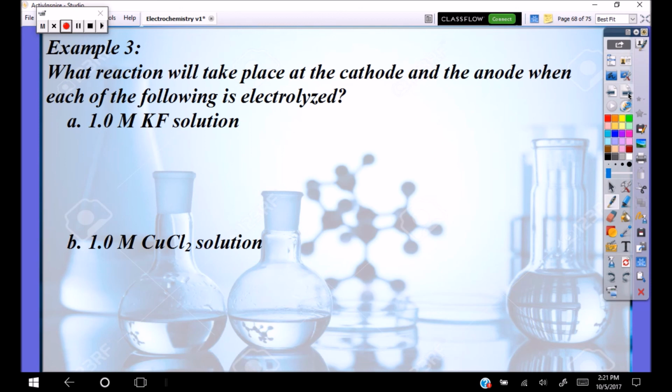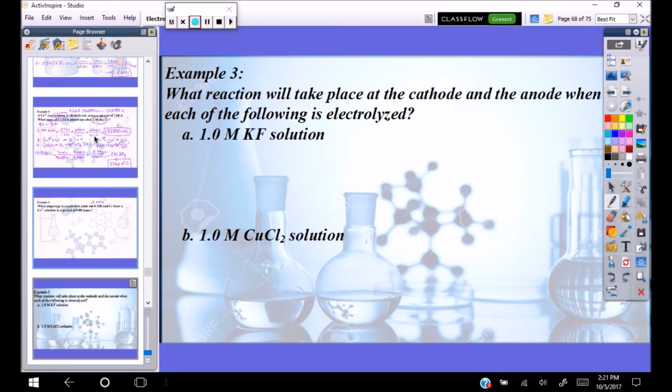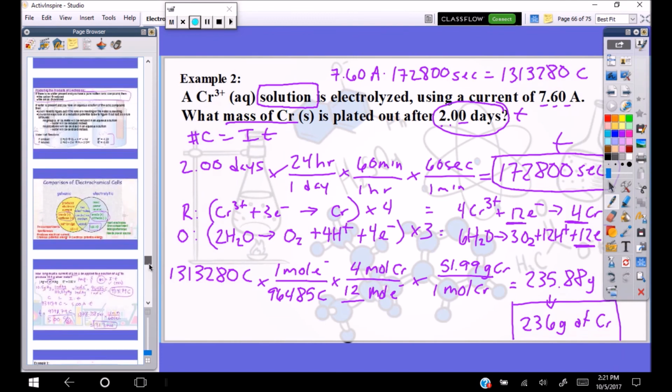So we've got these two problems here. What reaction will take place at the cathode and the anode when each of the following is electrolyzed? All right. So here's where we have an issue, because when we look at our slides, we have KF.